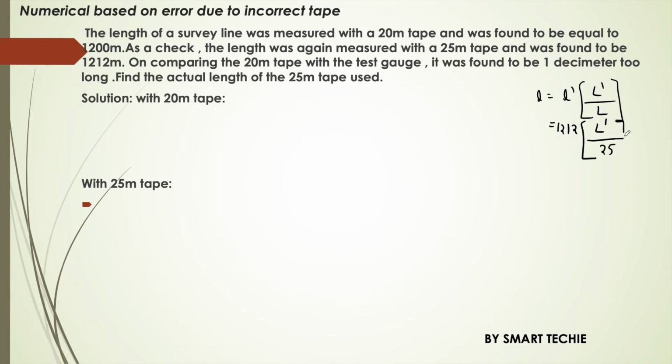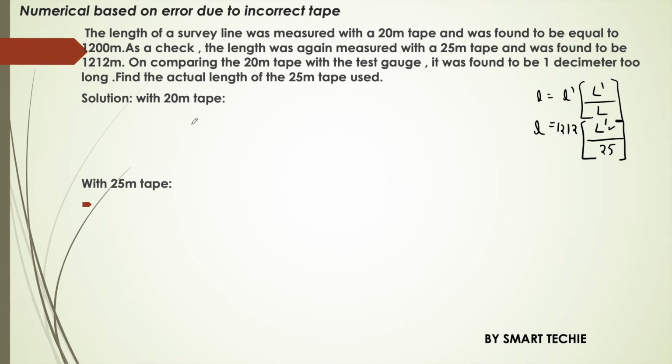We have 25 meters, and here we don't know the actual length of the line also. So here we have two unknowns, so we can't solve this equation and find L dash. So with the help of the 20 meter tape, we'll find the true length of the line, and then we can substitute that true length in this equation and find L dash.